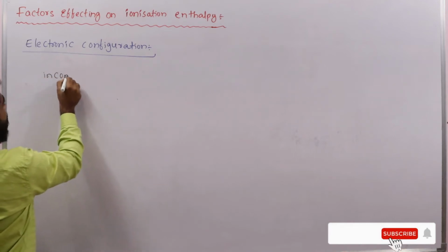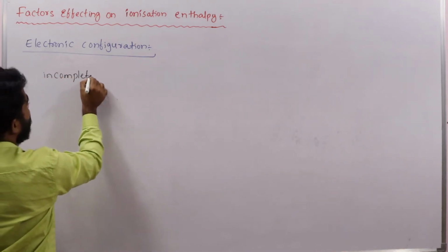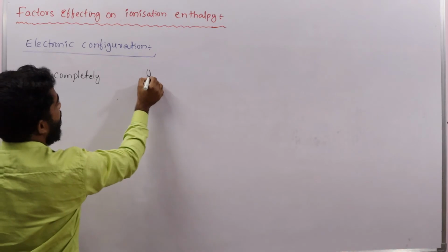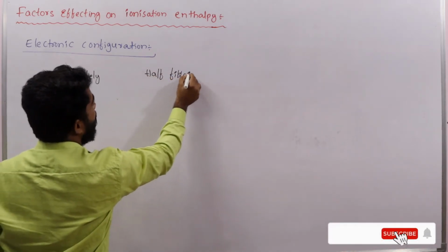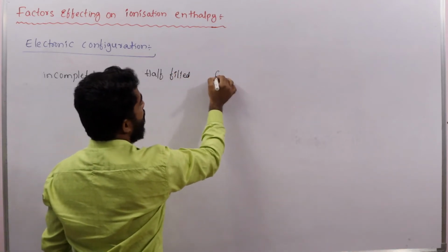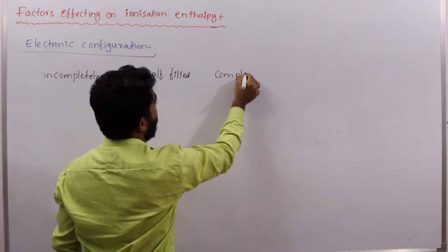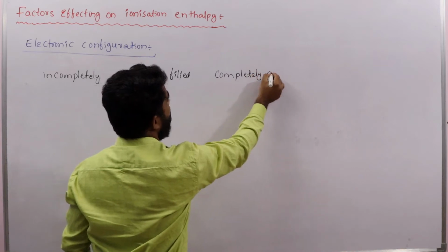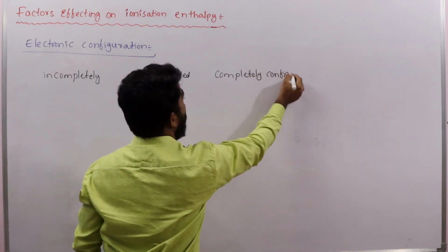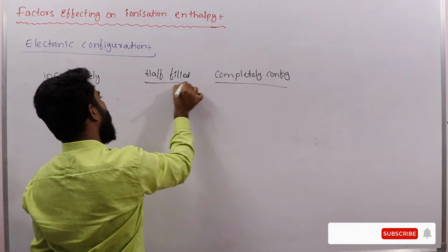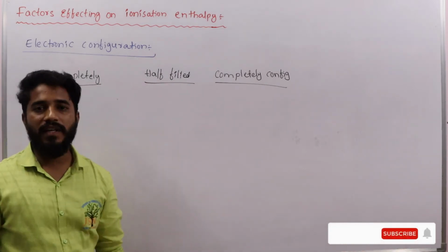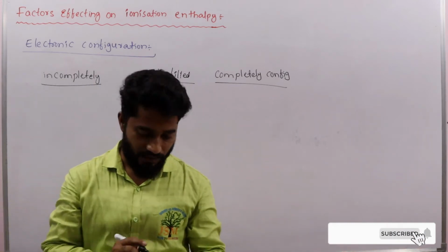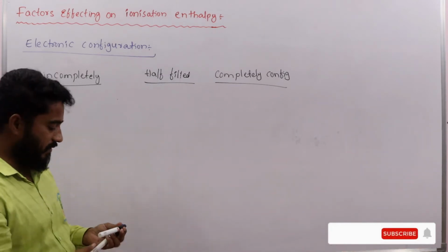Incompletely filled electronic configuration, half-filled electronic configuration, and completely filled electronic configuration. So three types of configurations are there. Let us see with examples how electronic configuration affects ionization energy.